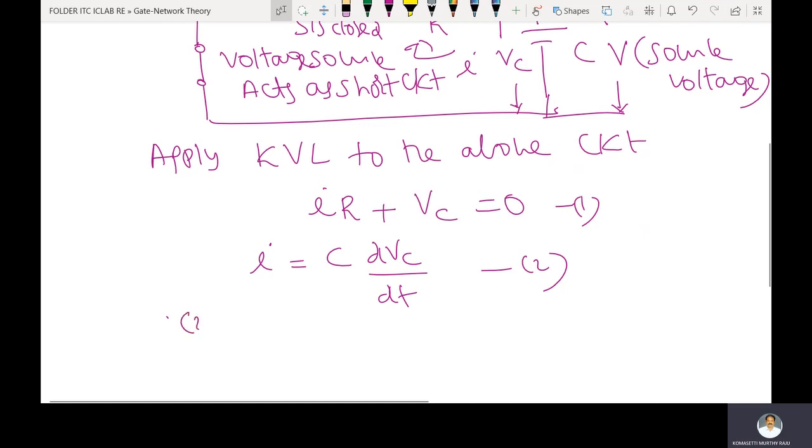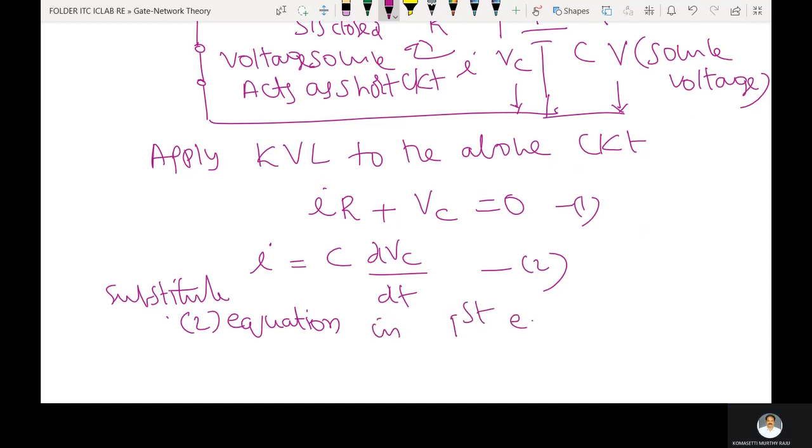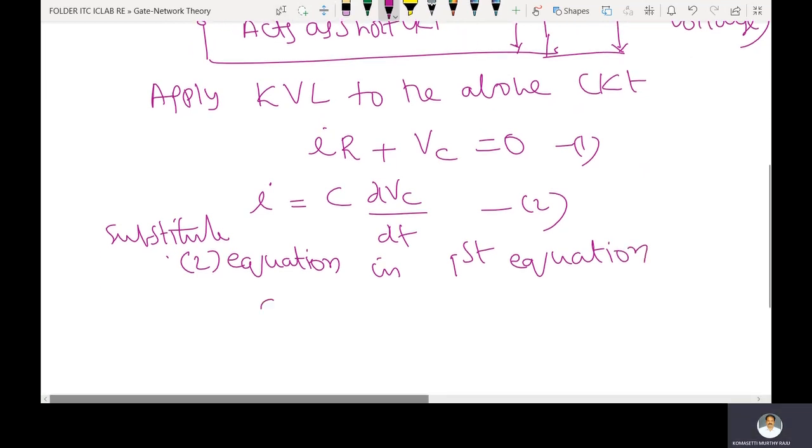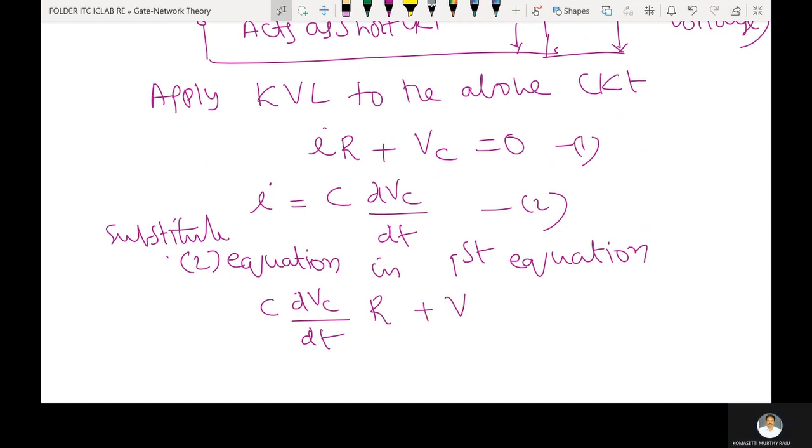Substitute the second equation in the first equation. In place of I, replace it with C into dVc by dt, into R, plus Vc is equal to 0.